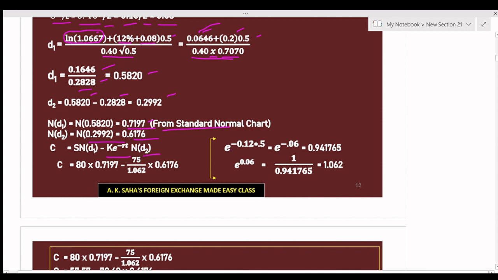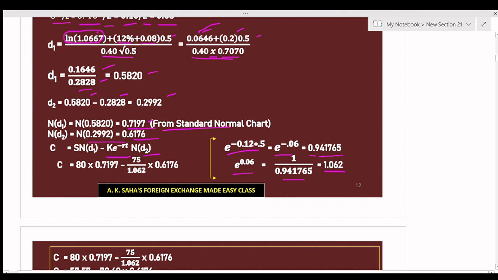E to the power RT is equal to E to the power minus 0.12 into 0.5, that is equal to E to the power minus 0.06, that gives the value of 0.941765, and e to the power 0.06 means 1 by e to the power minus r, that is equal to 1 by 0.941765, that is equal to 1.062.